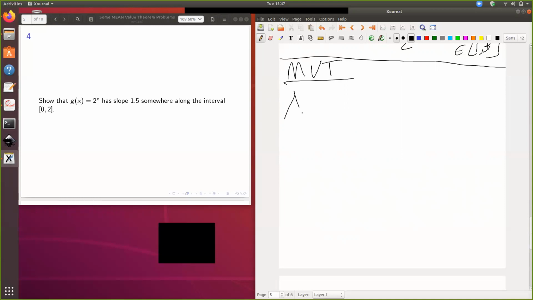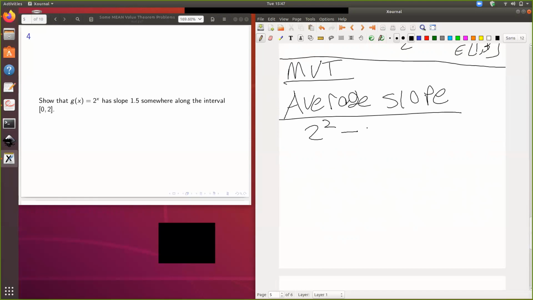What is the average slope? We're going to get f of b, which is 2 squared, minus f of a, which is 2 to the 0, over b minus a, which is 2 minus 0, is equal to 4 minus 1 over 2, which is equal to 3 halves, which is, whoa, 1.5.